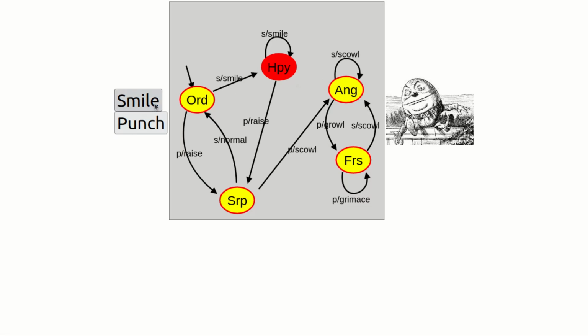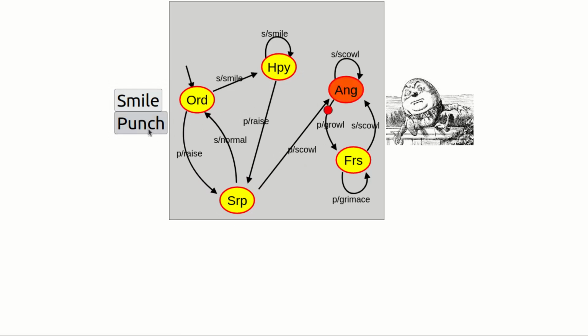Now if I smile again, I am just taking this self loop, so Humpty continues to smile. Now if I punch, I am going to take this arrow because it is labeled with the input P and it will raise its eyebrow. I have just abbreviated it to raise, so let's do that. Indeed, it raises its eyebrow and now it is surprised. I punch again, now it scowls and it has become angry.